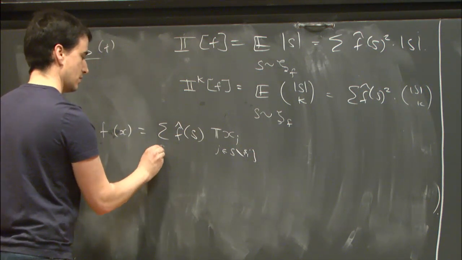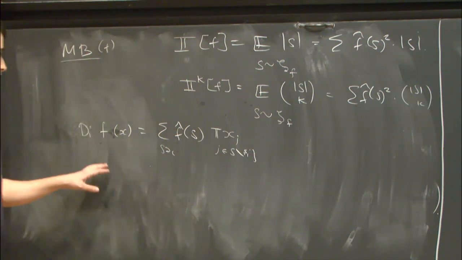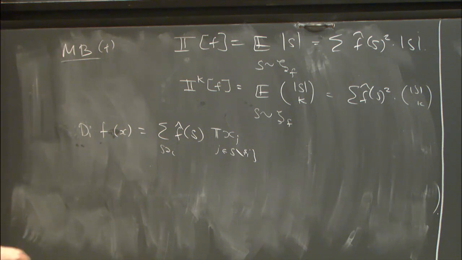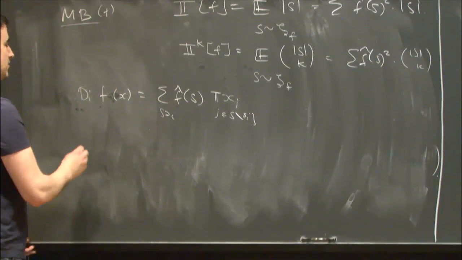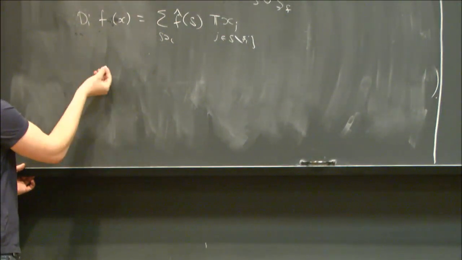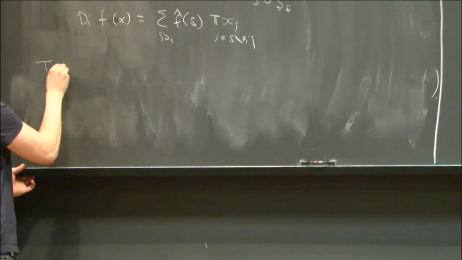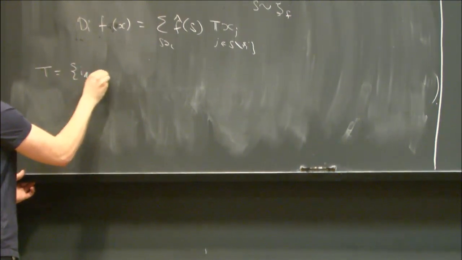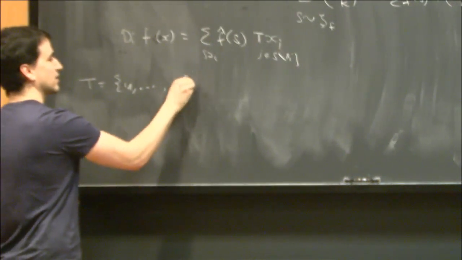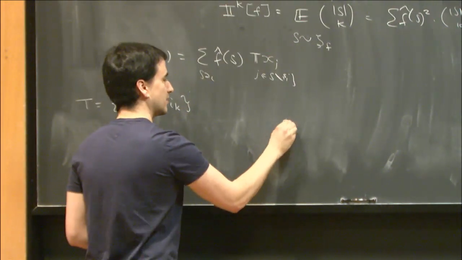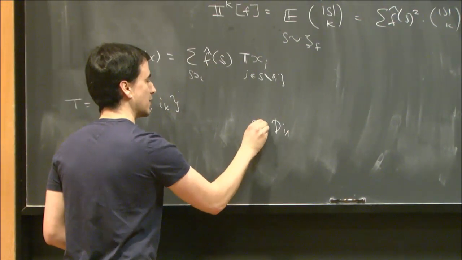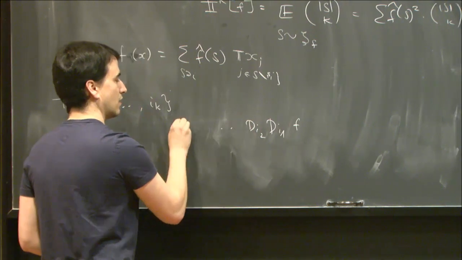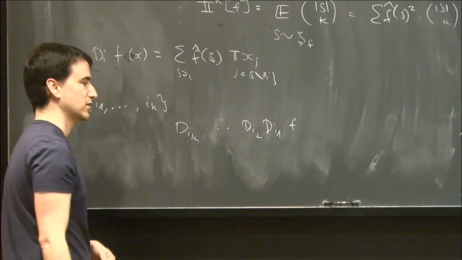So this is the derivative. Now I generalize this derivative and just take several derivatives. So I have T, which is several coordinates, i1 up till ik, and I take the derivative with respect to i1, and then with respect to i2, till with respect to ik.